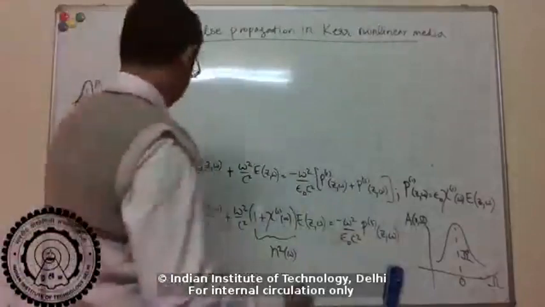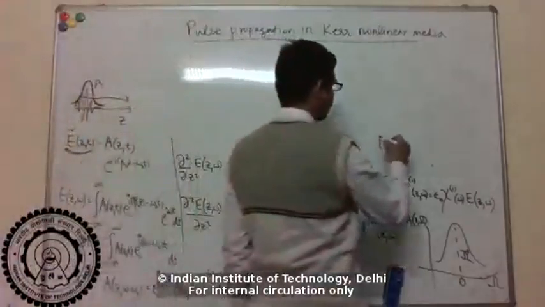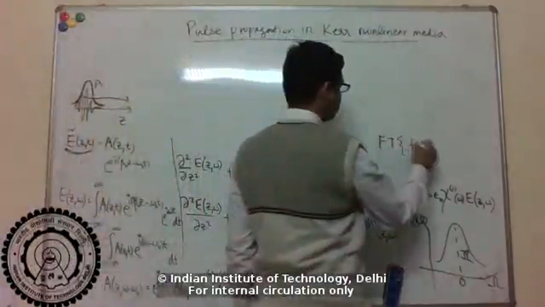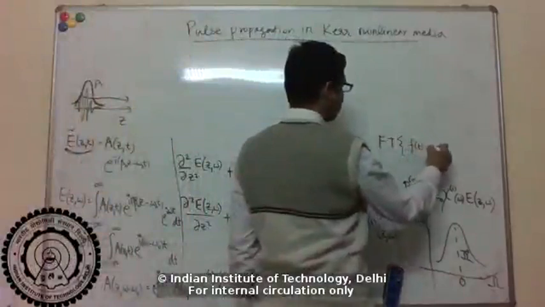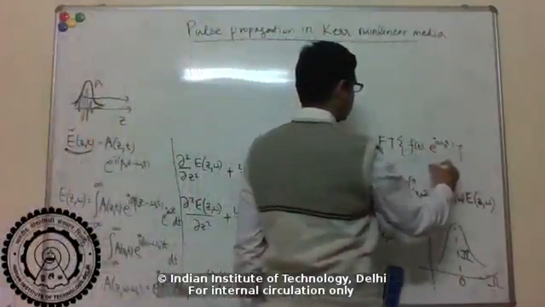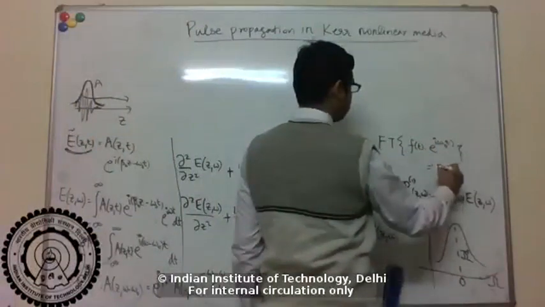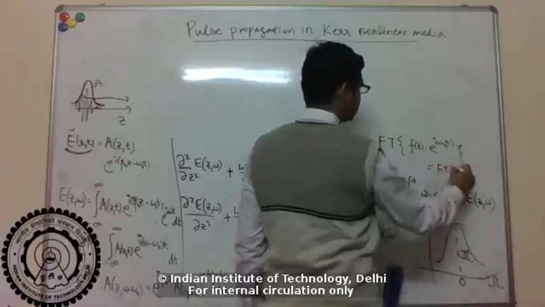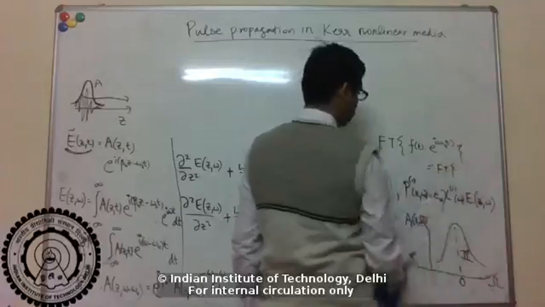This is nothing but this property: the Fourier transform of some function multiplied by some carrier e to the i omega naught t is the shifted version of the original.